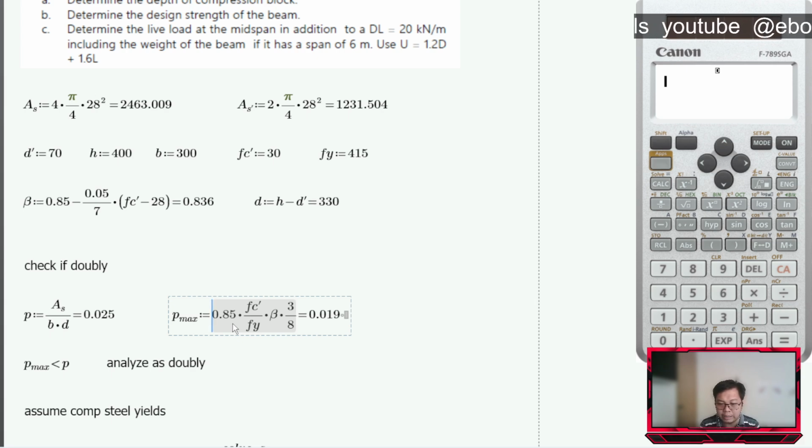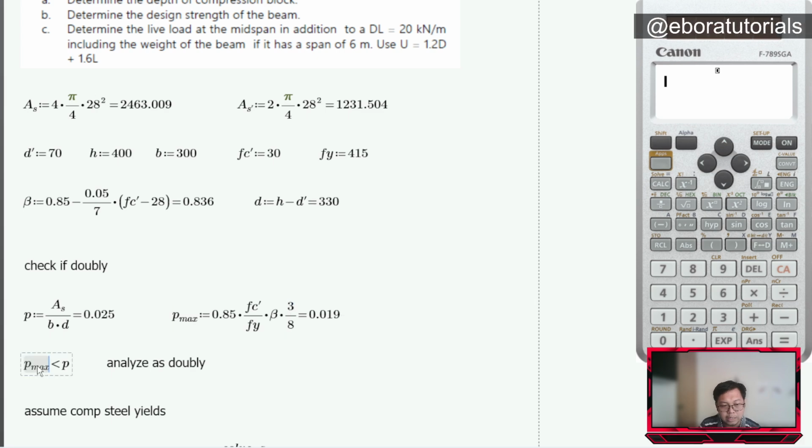Kasi pag ang strain hindi umabot ng 0.005, the phi is not actually equal to 0.9. Sa recent na ACI, although hindi pa adapted ng NSCP, 3 over 8 na yan. Okay? 0.005 na ang strain sa steel, hindi na 0.004.